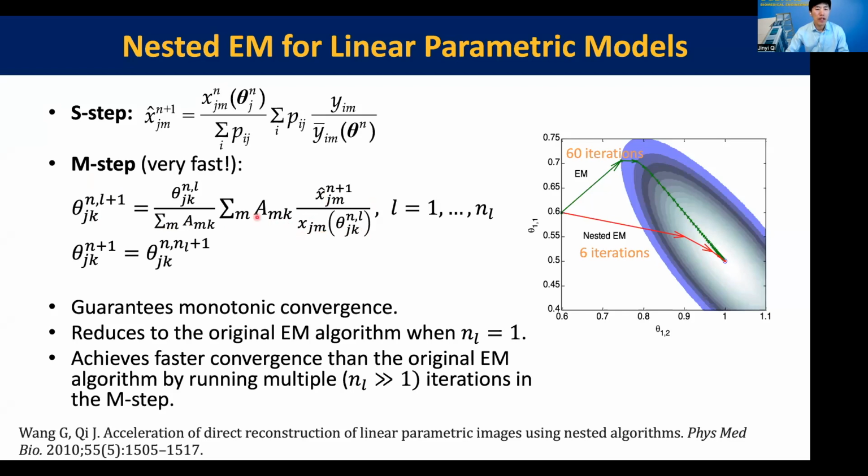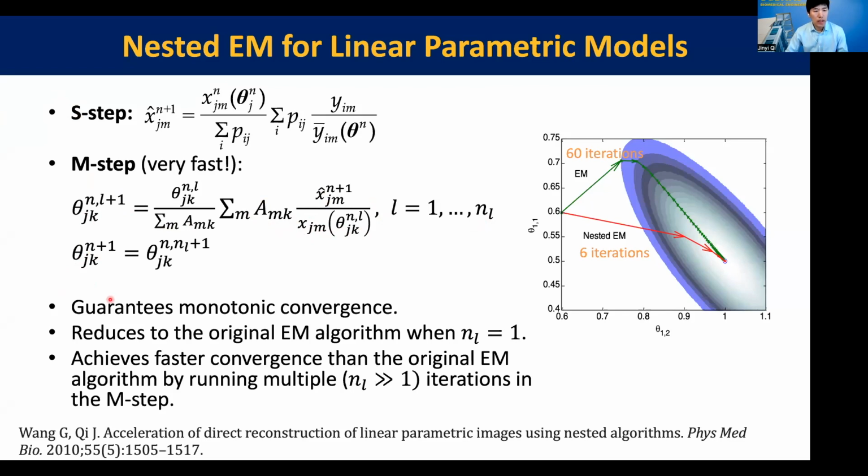And because A is very small, it just contains the number of frames times 2, this iteration can be run very fast. We're going to run multiple iterations here without increasing any computational cost. And after all the sub iterations, we're going to update the final parameter, and then go back to the E step.